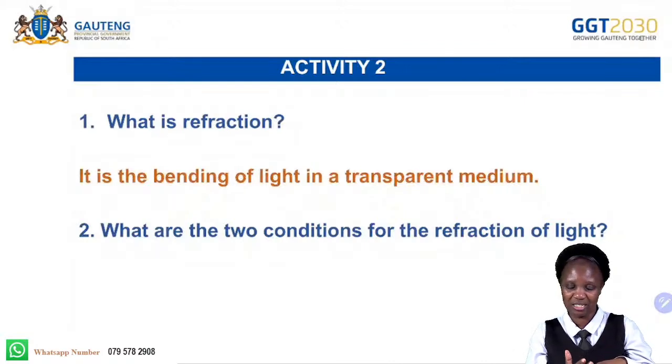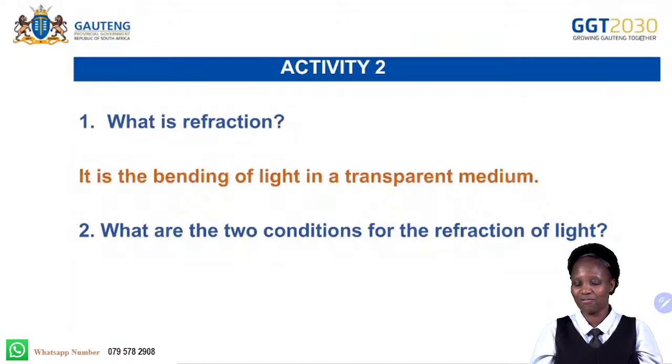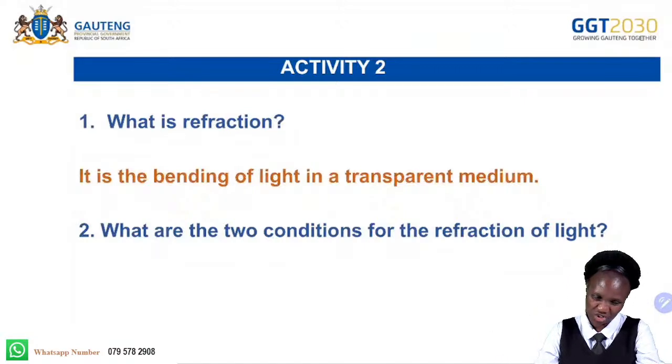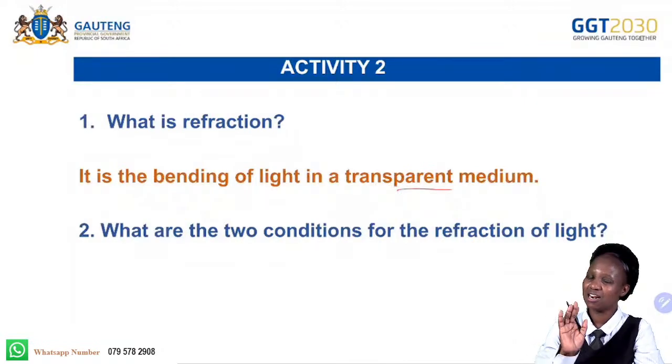A glass prism, then it changes direction, it bends, all right? And then it disperses the colors of the visible spectrum. All right, in short, we can say it is bending of light in a transparent medium. All right, that is refraction.